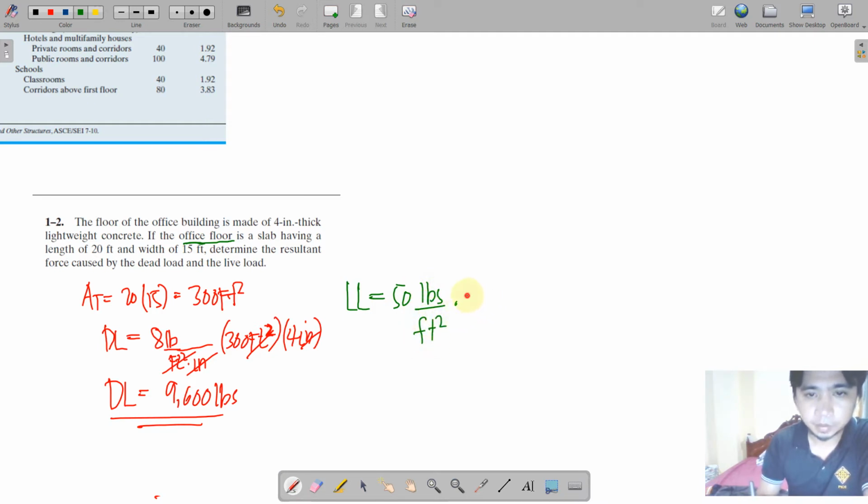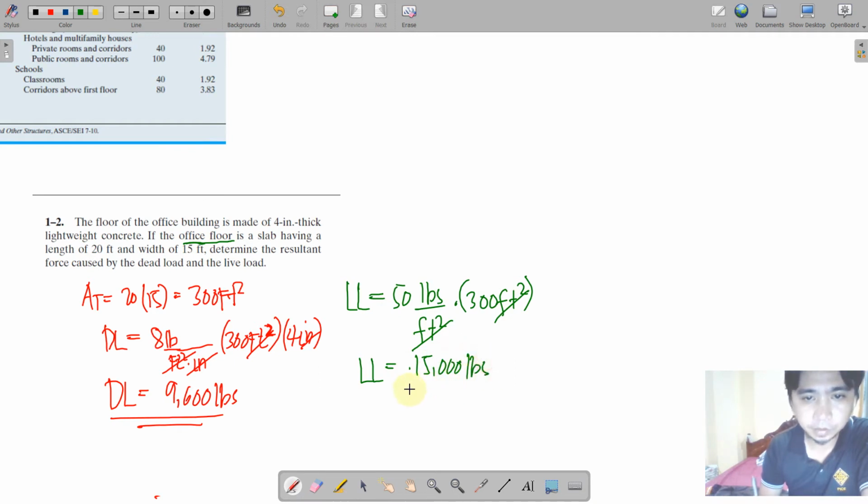Okay, we have 300 feet squared as the tributary area for the floor, so that it will just be cancelled. So this is how much? L is equal to, we have 15,000 pounds.